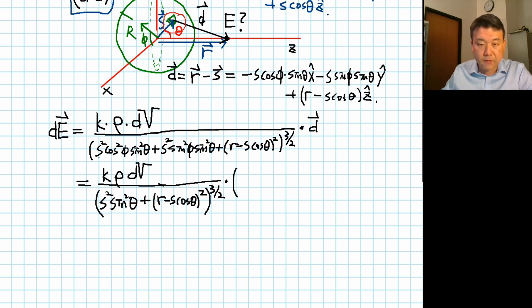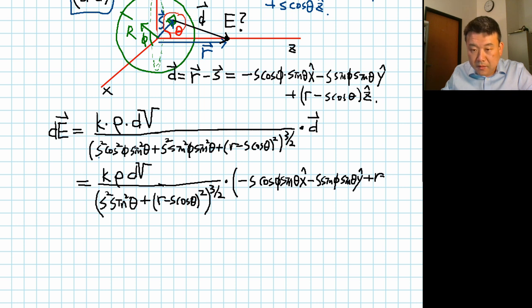D is given by minus s cosine phi sine theta x hat, minus s sine phi sine theta y hat, plus r minus s cosine theta z hat. That's the vector D.